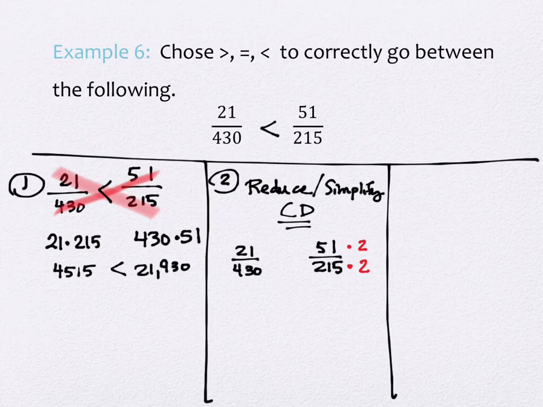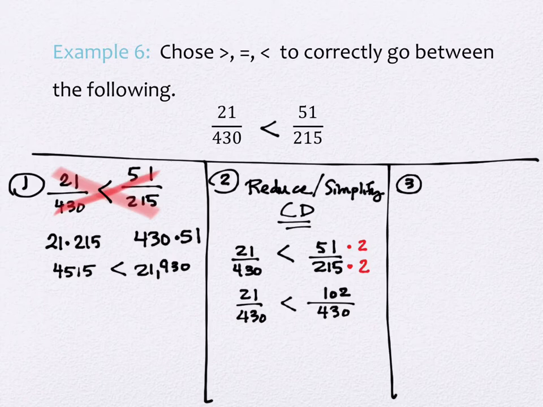So I have the 21 over the 430 on the left, and this is 430 on the right. And what would the numerator become? Yeah, 102. And clearly, that's the bigger one, right? Because it's got the bigger numerator when the denominators match. So the original fraction would look like that, just like before. Here's the new one.